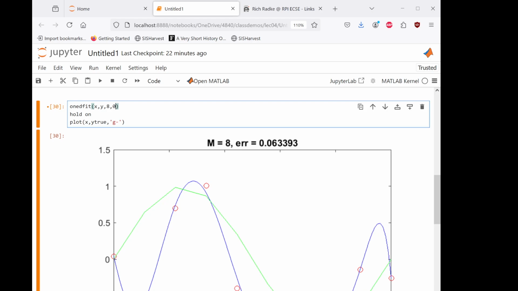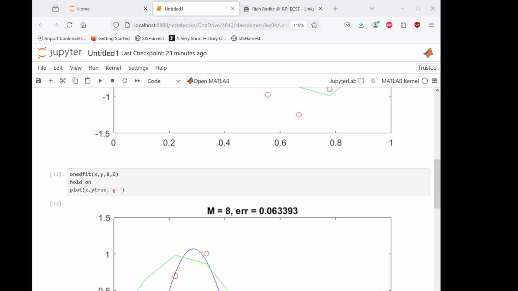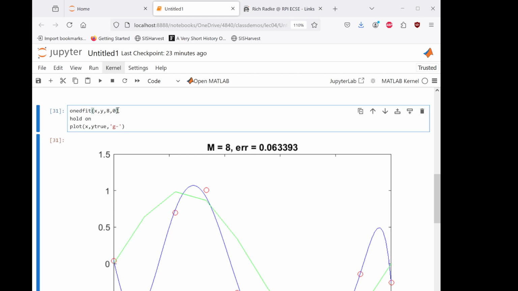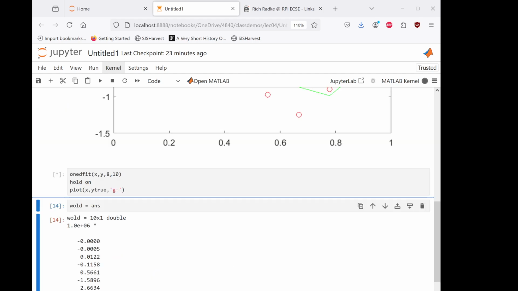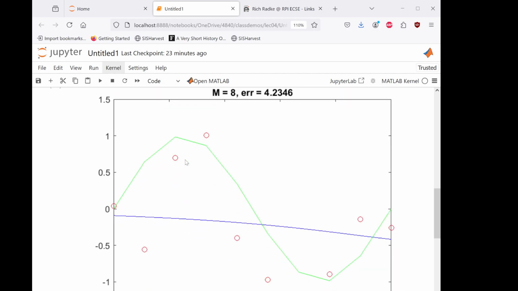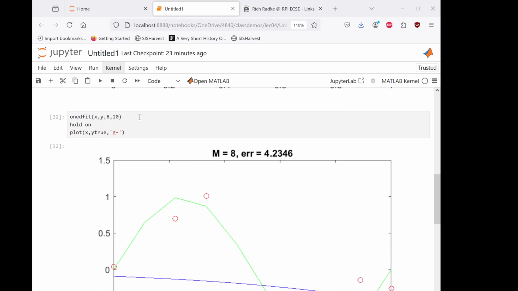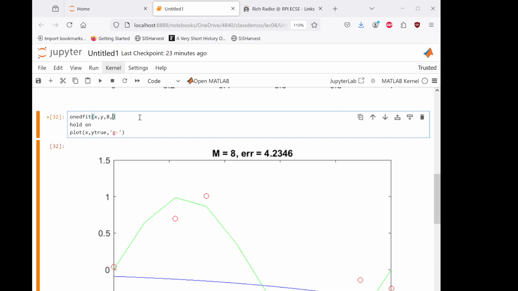So if I say lambda equals 0, I should get exactly the same fit, right? Because I haven't done anything. If I say lambda equals, say, 10, that's like saying I'm encouraging the W values to be really small. So that means that I'm getting an almost flat line that doesn't have any real cubic or quadratic contribution, right? And if I make it a little bit less, say 3.